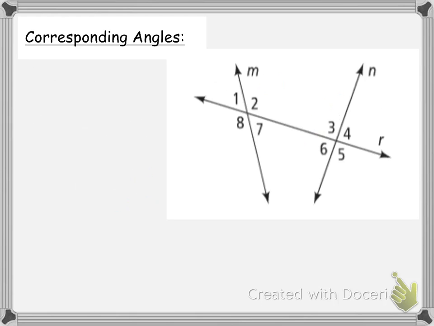Okay. The next type of angle we are going to look at are corresponding. Corresponding are a little more difficult to explain, but once you get the hang of them, they'll be easy to identify. So corresponding are on the same side of the transversal, and in corresponding positions.